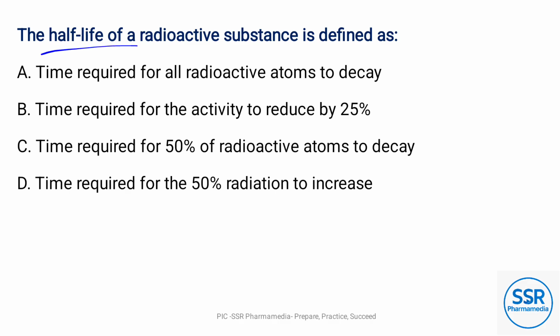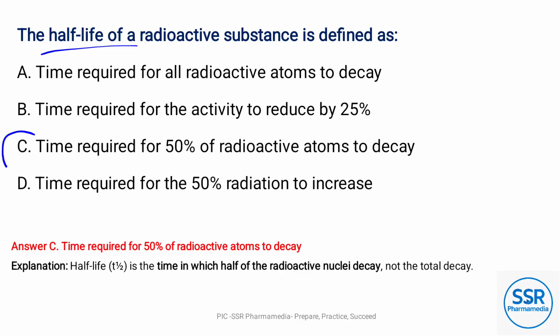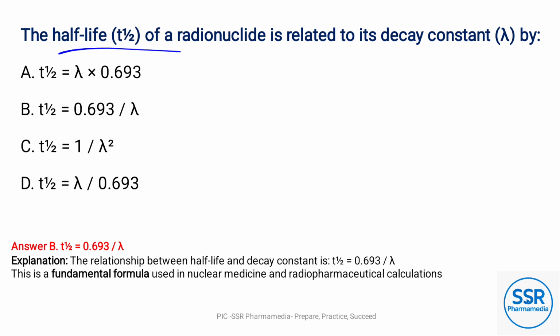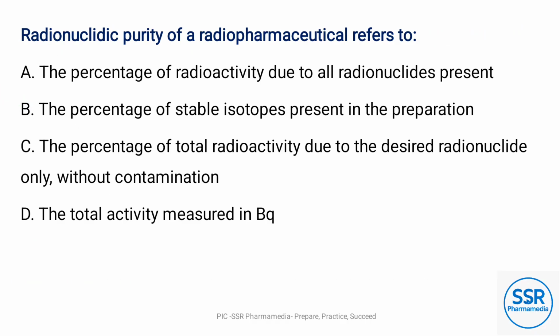The half-life of a radioactive substance is defined as option C, the time required for 50% of radioactive atoms to decay. The half-life of a radionuclide is related to its decay constant by, option B, T half equals 0.693 divided by lambda.